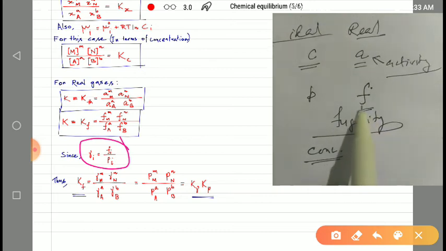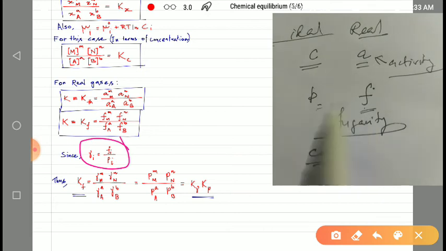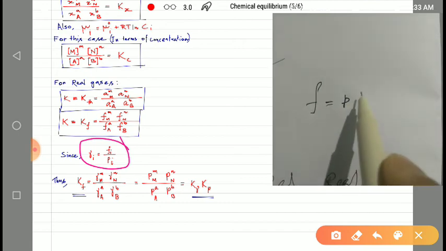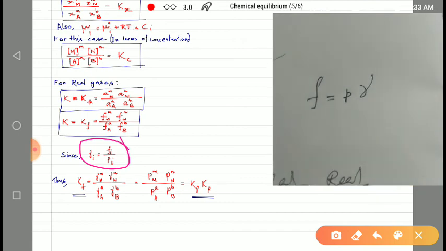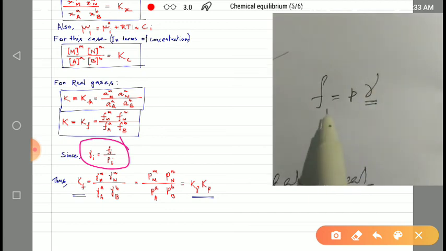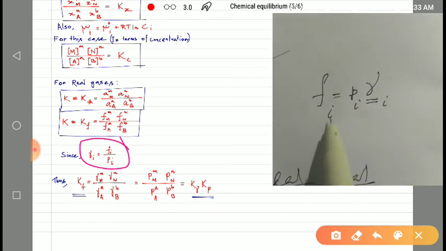Fugacity is used in place of pressure, and they are related by the relation f equals p times gamma, where gamma is the fugacity coefficient. For the i-th component, you can write f_i equals gamma_i p_i.